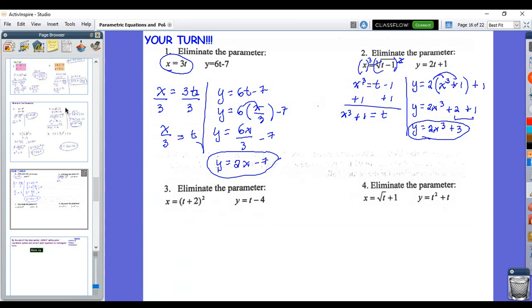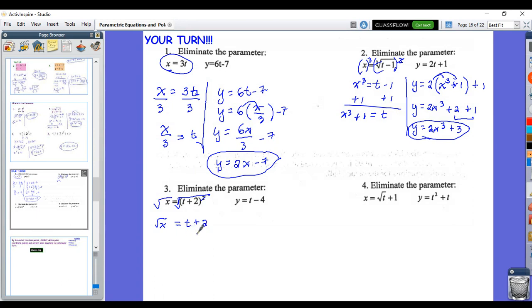Number 3, my x component is equivalent to t plus 2 to the second power. I'm going to be solving for t. So what I can do first is take the square root of both sides so that I can get rid of that square. So I will have the square root of x equals t plus 2.